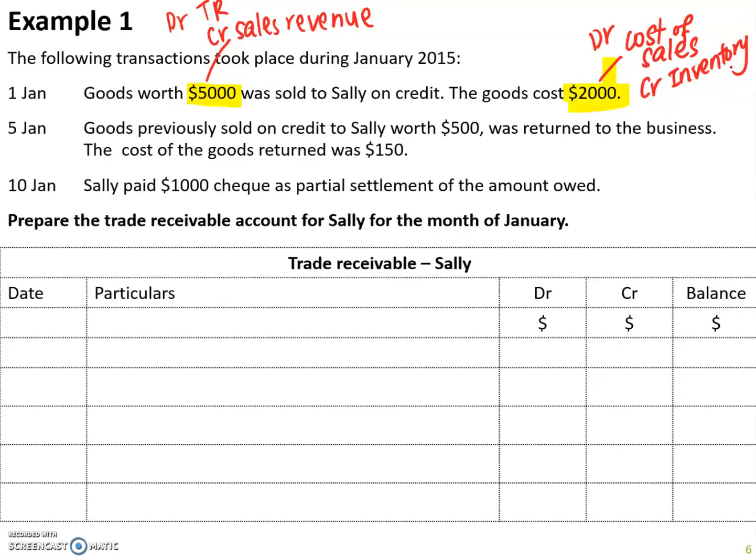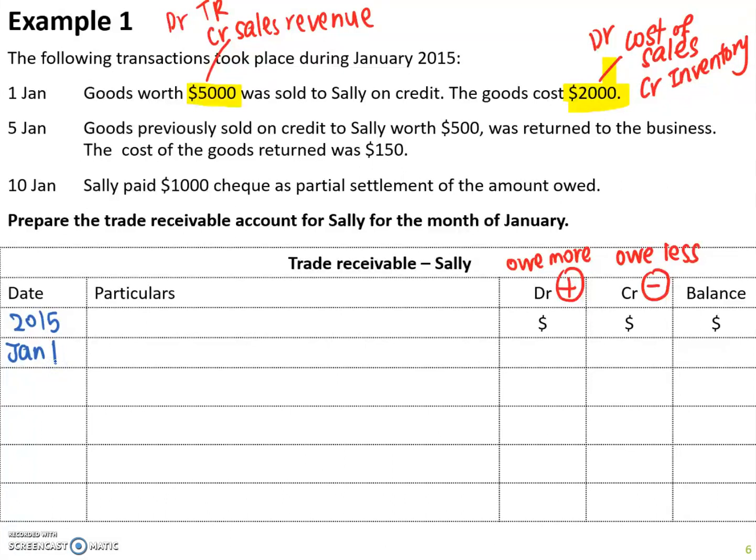Okay, so because in this case, we are doing the trade receivables account, okay, debit is a plus, owe more, credit, owe less. So on 1st Jan, let's write the year first. I have 2015. Okay, January 1st.